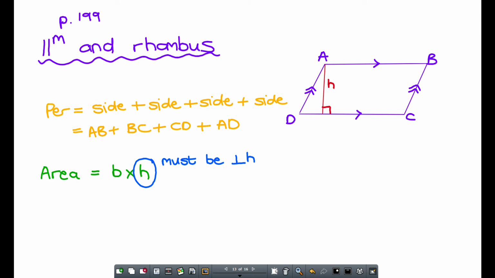Which part? Okay, it must have a 90 degrees angle. It must be a perpendicular height. Okay, so meaning I can't take BC as my height because it hasn't got a 90 degrees angle. From C up, yes, that could work. That's what he just asked as well.